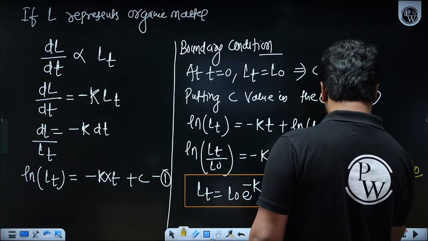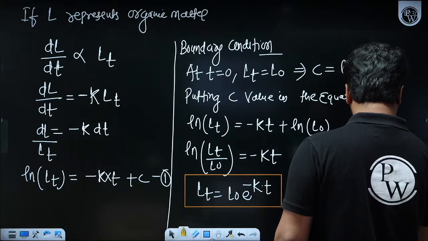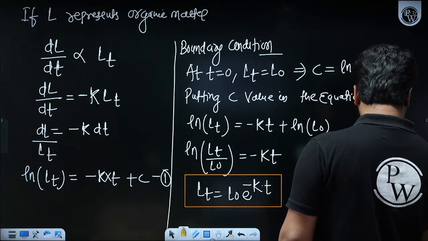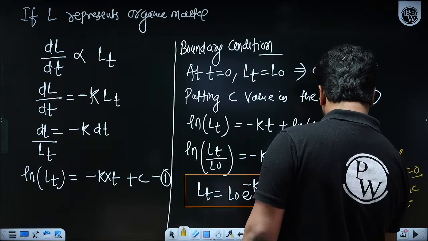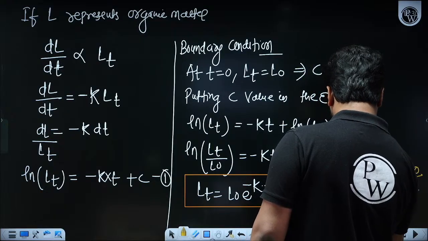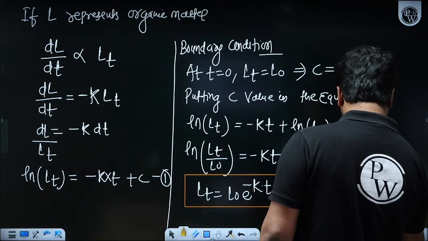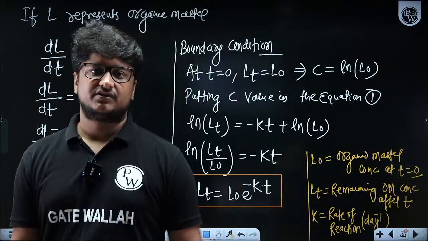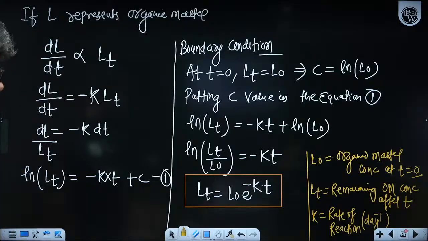Lt is the remaining organic matter concentration after time t. K is the rate of reaction, and the unit for the rate of reaction I am taking as day inverse. That means it is a first order reaction. The unit itself will tell you it is nothing but a first order reaction.